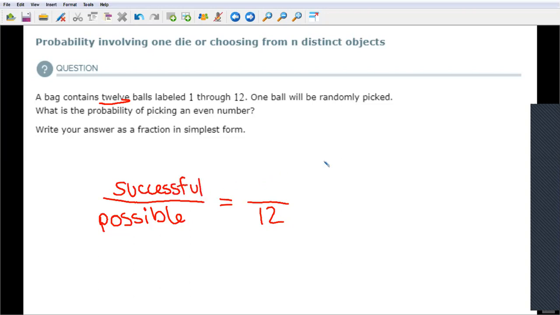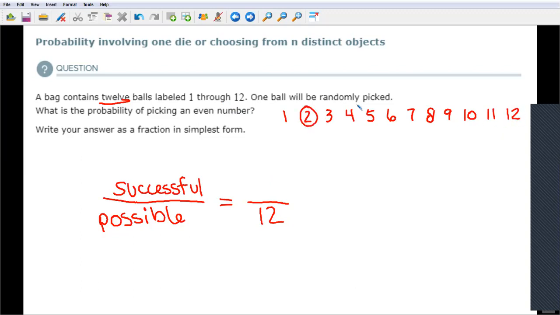So if you think about it, you could write out all the numbers 1 through 12, or you could remember that odd and even numbers basically just alternate. So when you've got numbers 1 through 12, every other number is going to be even.